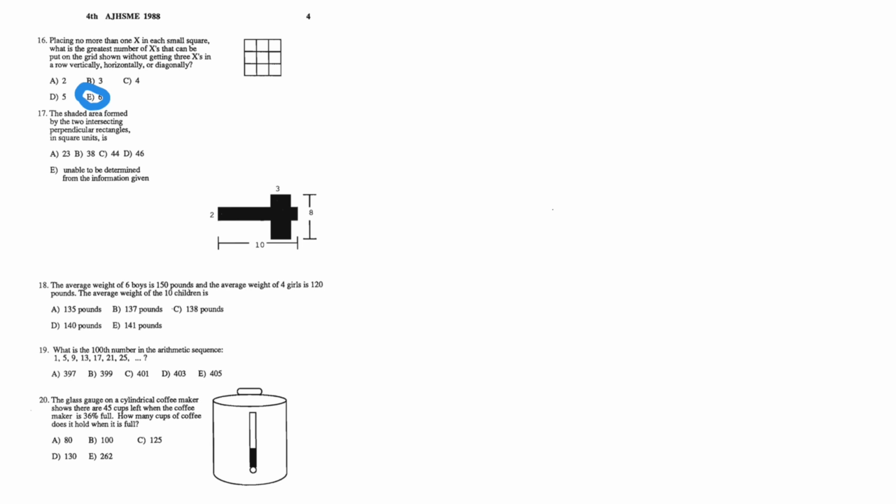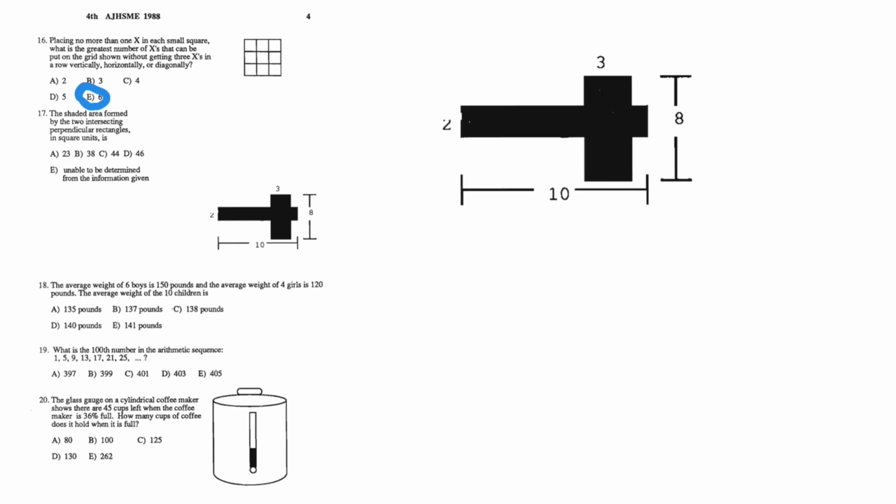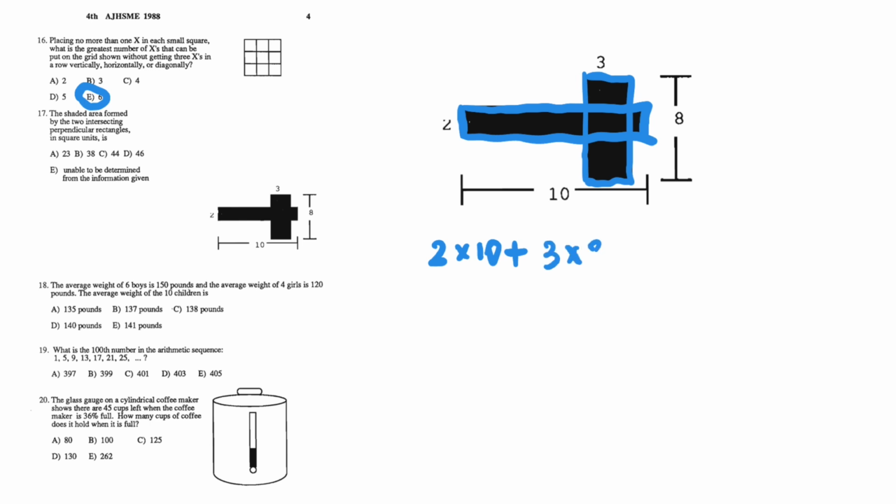Number 17. The shaded area formed by the 2 intersecting perpendicular rectangles, in square units, is? For the shaded area, we use the first rectangle, 2 times 10, plus another rectangle, 3 times 8.